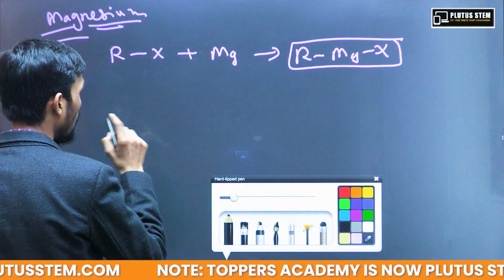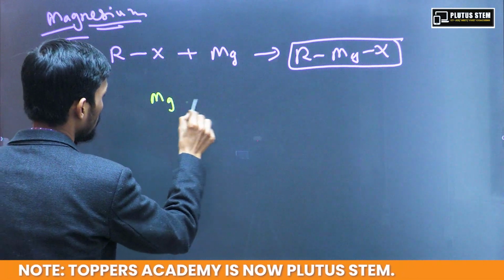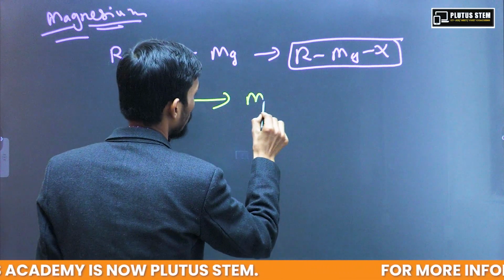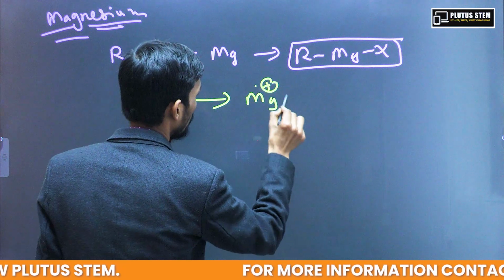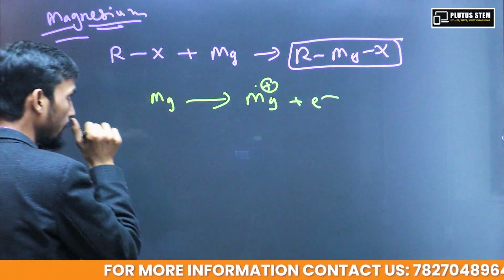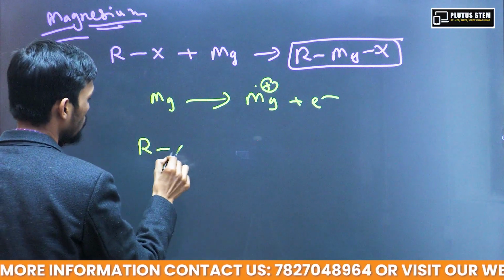So in this, again, how does this reaction proceed? Mg gives Mg dot positive plus electron, and that electron will react with RX.